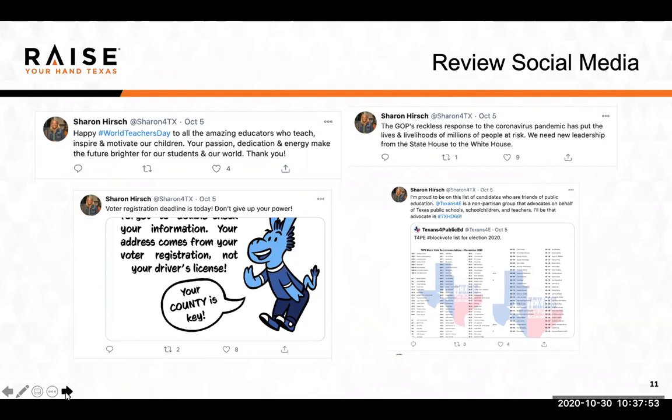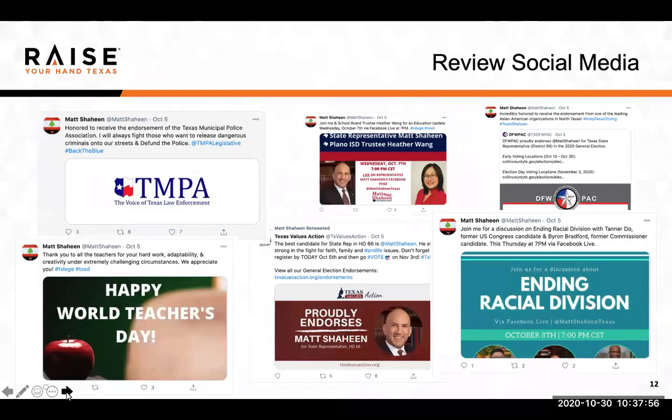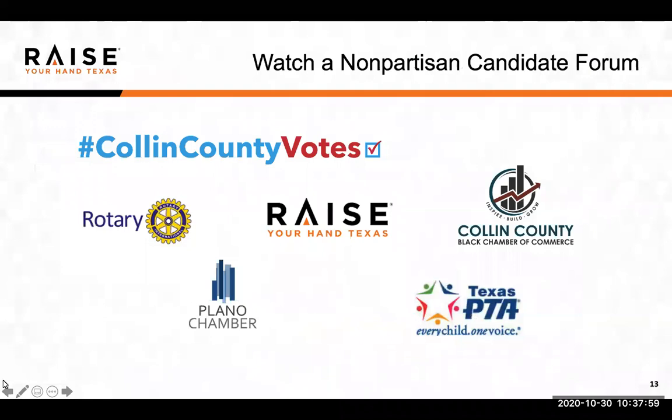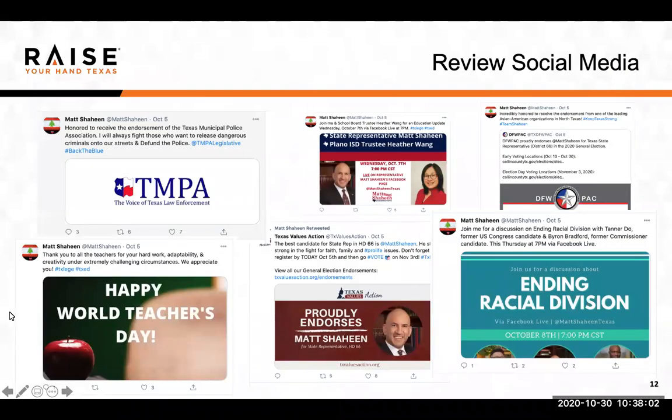Let's take a look at the next set of examples from the other candidate in the race, which is Matt Shaheen. So we see an example of an endorsement from the Municipal Police Association, a celebration of World Teachers Day as well, an advertisement for an education update event that he's participating in, support from an organization called Texas Values Action, and an endorsement from DFW-PAC.